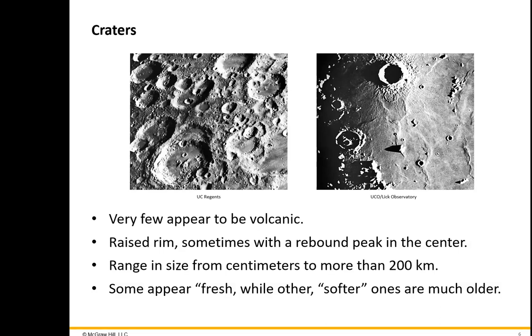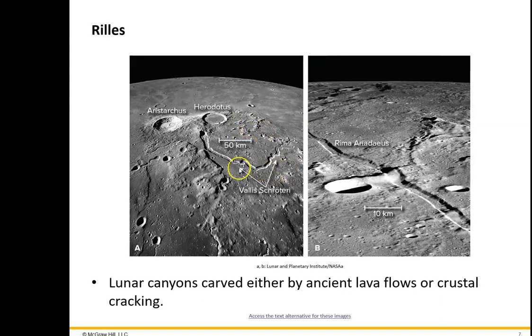Regolith is very similar to baby powder in your hand, or what some people call talcum powder. That's pretty much the consistency of the surface of the moon, and that's because of all these micrometeorites that have hit it.